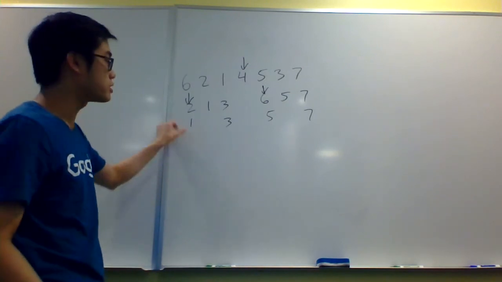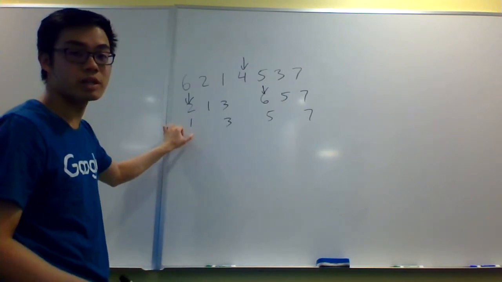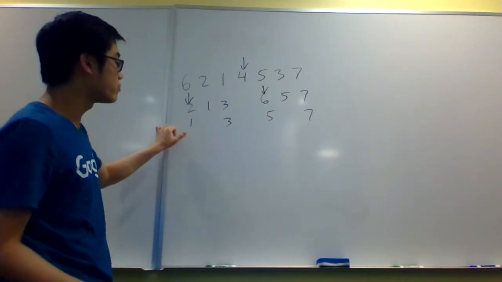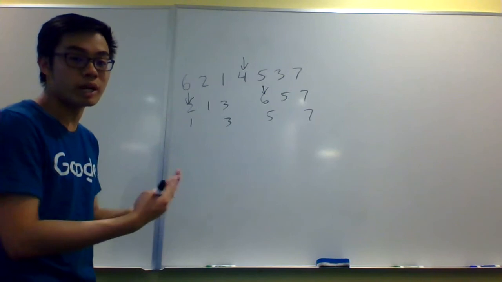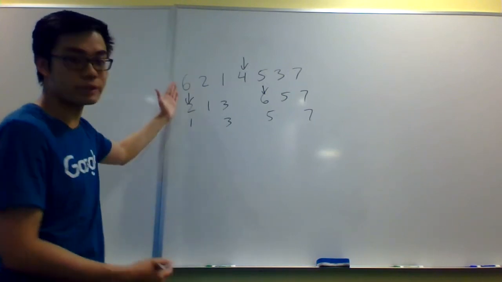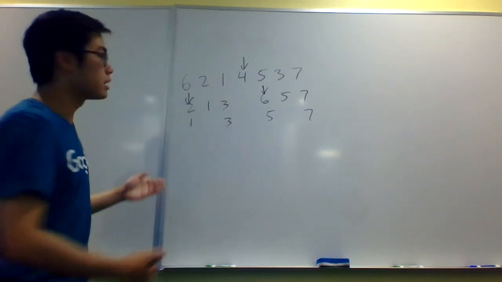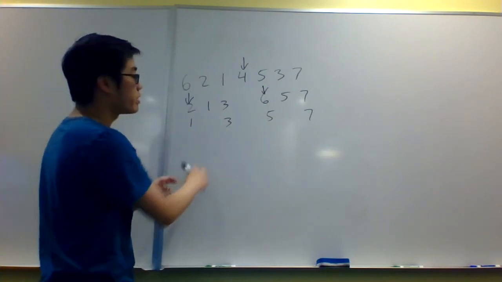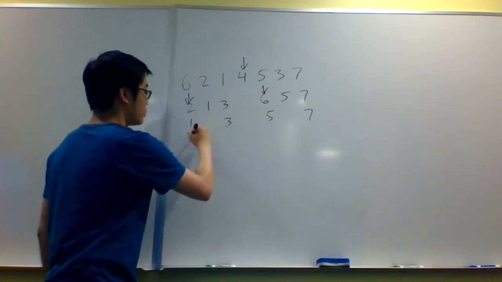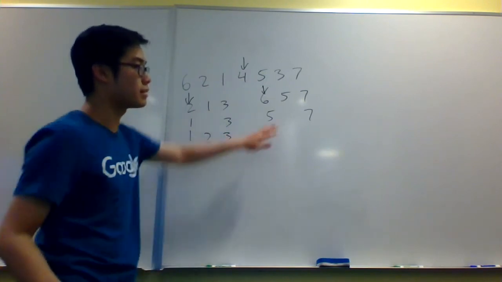There's nothing left to do because these are each individual elements by themselves, and we don't have to do anything to sort them, right? So now we can start recombining our results. So it's going back up, basically. And so we're looking at, this is the left subarray, this is the right subarray, and the pivot goes right in the middle, right? So 1, 2, 3. Same thing on this side.